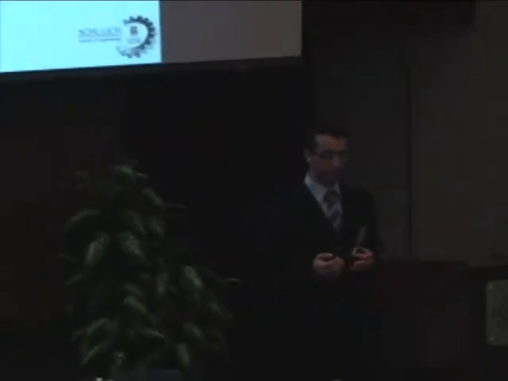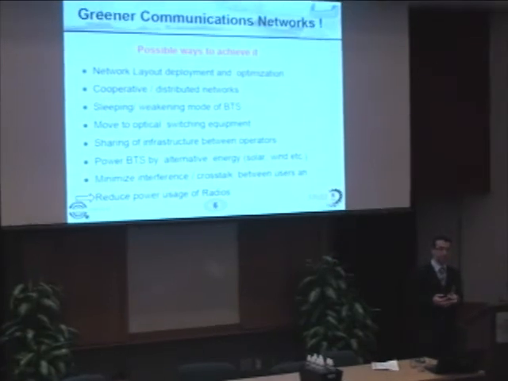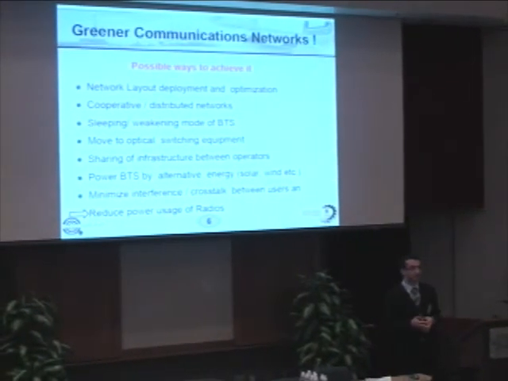There are different ways to reduce the power consumption, either on the organization of the wireless structure by optimizing the network layout and deployment, by operating the base stations in sleeping and awakening mode to reduce the power consumption when there is no traffic.